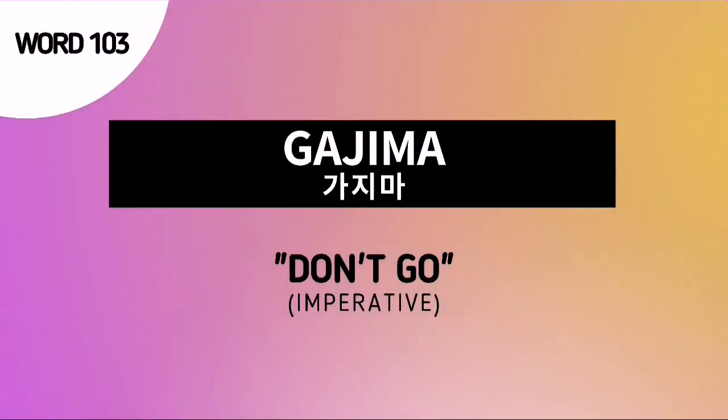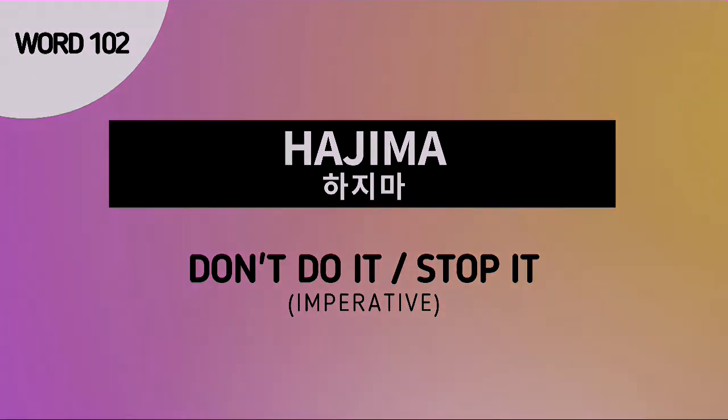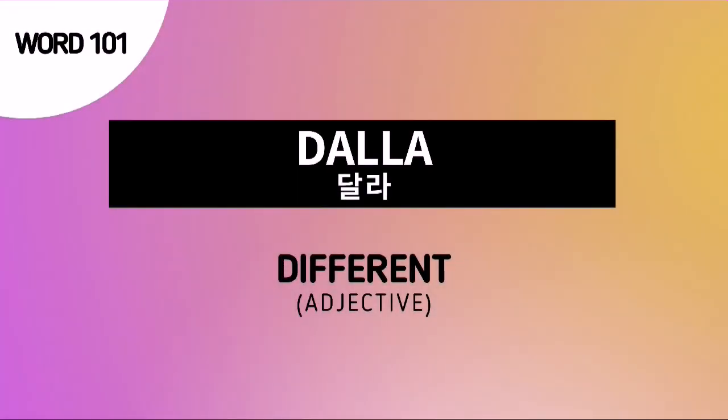Word number 103 is 가지마. This is an imperative phrase which means don't go. Word number 102 is 하지마. This is another imperative phrase which means don't do it or stop it. And the last for our review is word number 101, 달라. This is an adjective which means to be different.